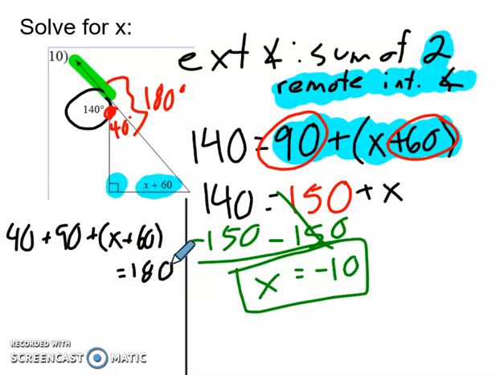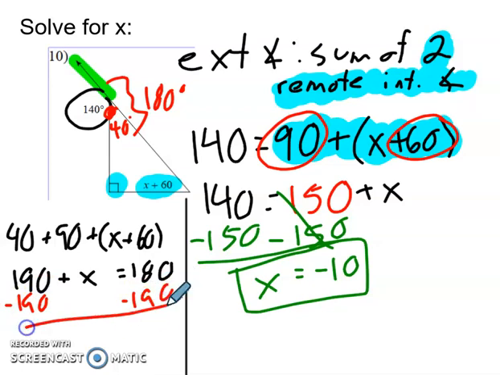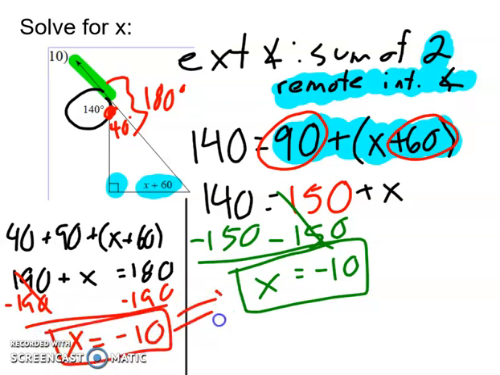If we simplify, 40 and 60 gives me 100. 100 plus 90 is 190. Always combining my like terms there. I can subtract 190 from both sides, and I get that x, look at that, is also equal to negative 10. And notice it's the same thing.